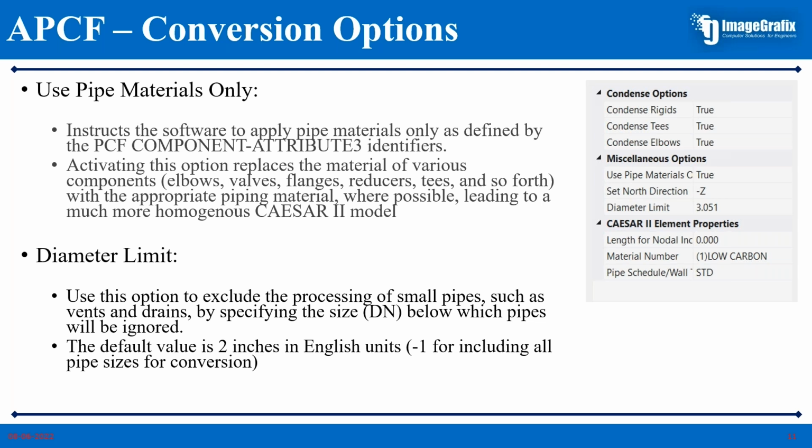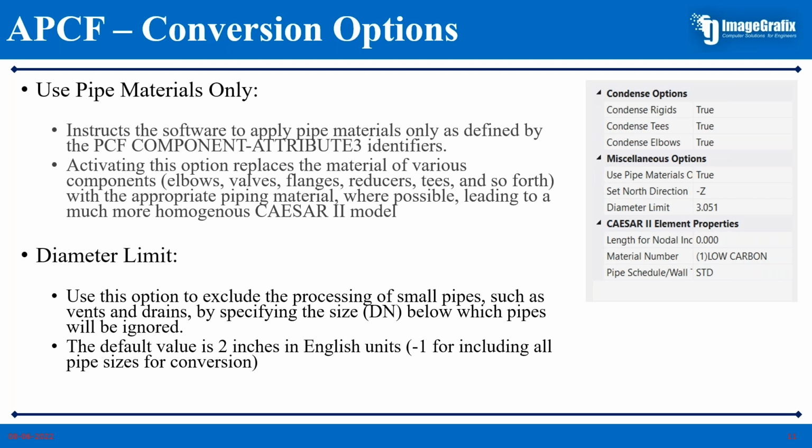For those elements for which the material mapping is not happening because of unavailability of the material, the material number selected here is what will be applied. Similarly, for those elements where the pipe schedule is not selected or not given, what schedule number should be taken is what will be given in our pipe material number and pipe schedule.